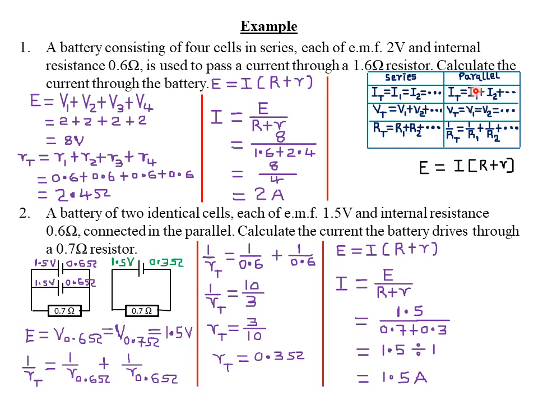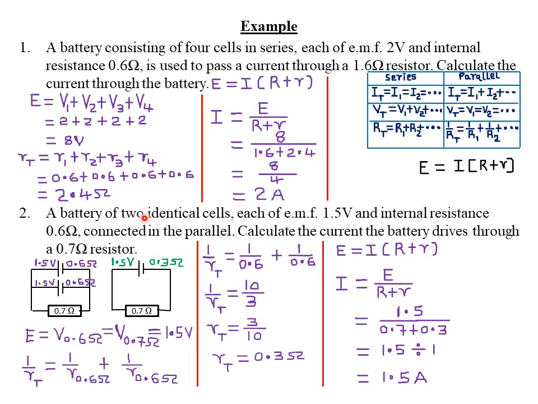Therefore, for any parallel connection, the EMF is equal to the voltage across each component. So the EMF, or V total, must be equal to the voltage through the 0.6 ohm resistor and also equal to the voltage through the 0.7 ohm resistor. That is, the voltage is the same for a parallel connection.